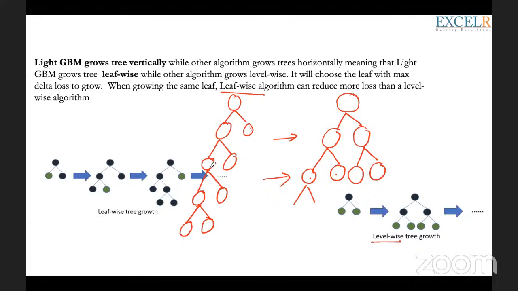Once this leaf grows completely, then move to this, then move to this, then move to this. Like that, this leaf-wise growth has been implemented in LGBM. So this is another difference in comparison to the other decision trees: level-wise and leaf-wise growth.